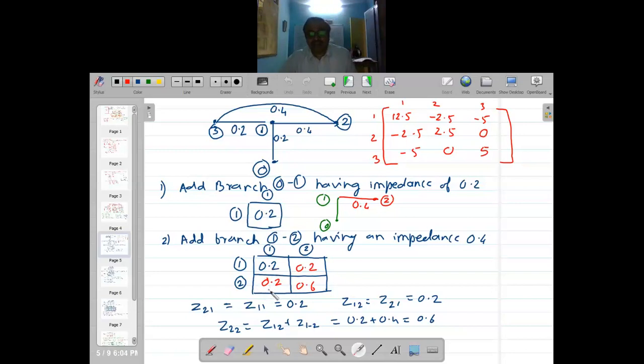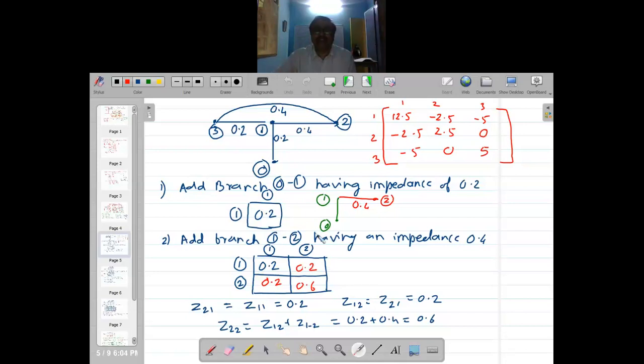Z, whatever is the pth node, that is copied into the qth node. So q is the new node. So this is copied here. And what is this? This we will not copy because this is Z22. So ZQQ, if you remember, had a different formula. ZQQ was ZPQ plus the self impedance of the branch that is being added.